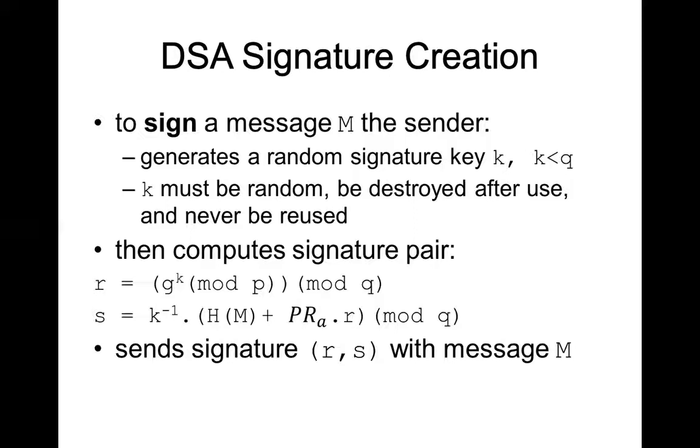It's the number which, when multiplied by k and reduced mod q, gives a remainder of 1. So that's what a multiplicative inverse is. So k inverse multiplied by the hash of a message, that's the actual message, plus the private key of A multiplied by this value R that you just computed, reduced mod Q. Okay, so R comma S is the signature. That pair of integers is the signature, and that is sent together with the plain text message M.